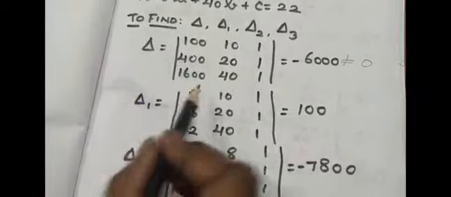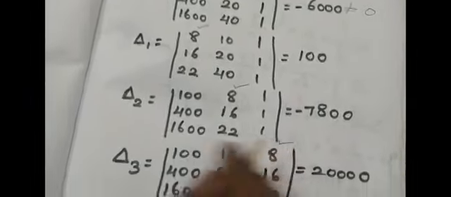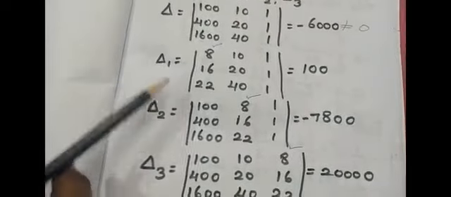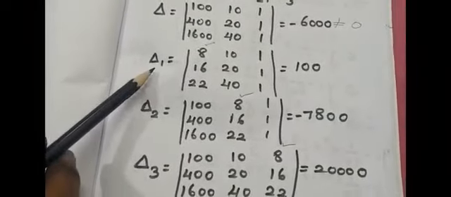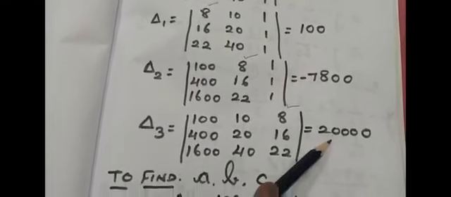For delta 1, delta 2 and delta 3, I am replacing the constants in the corresponding columns. After replacing, I get delta 1 equal to 100, delta 2 equal to minus 7800 and delta 3 equal to 20,000.